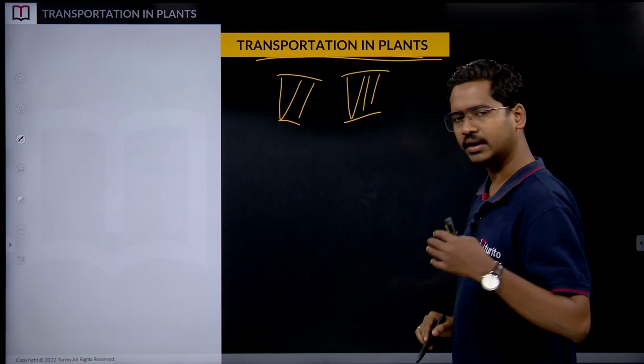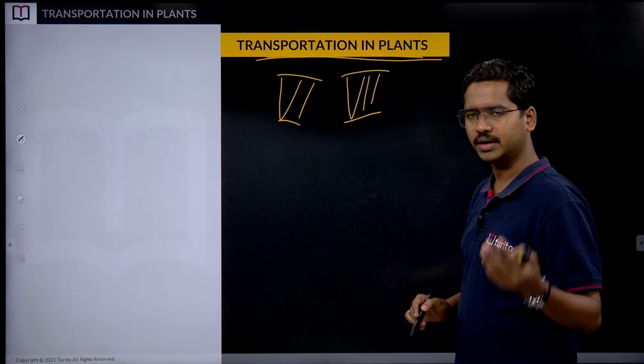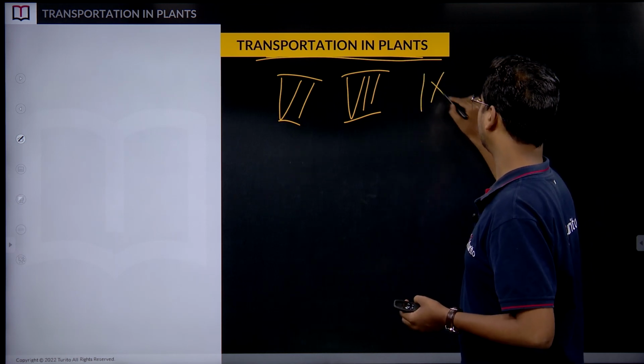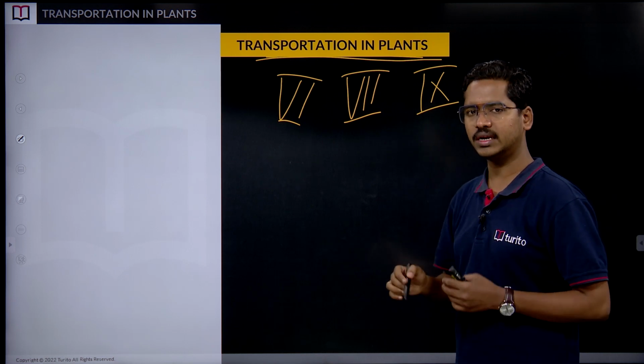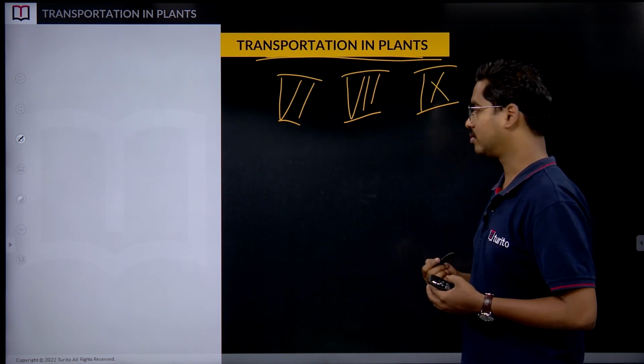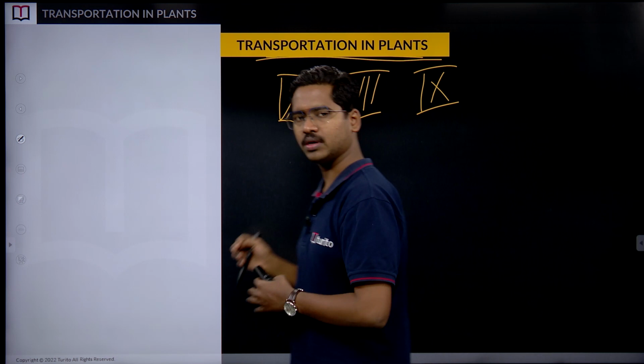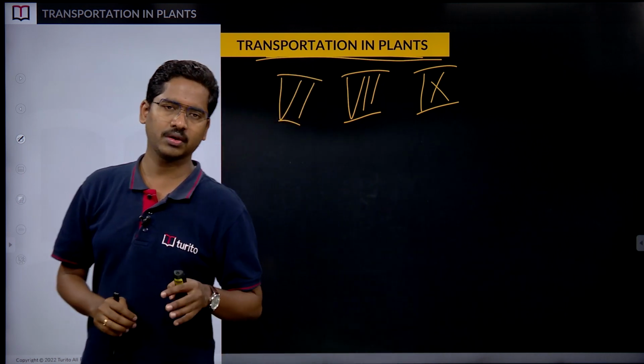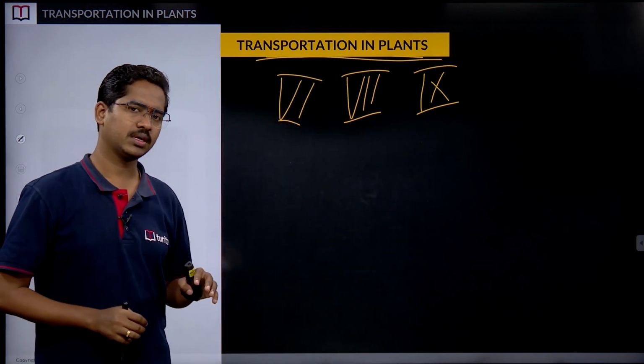And later, if you remember, we understood the same topic in class 9th in detail, transportation in plants. So, certainly when you come across the same topic in these 3 years, you cannot say no, right.